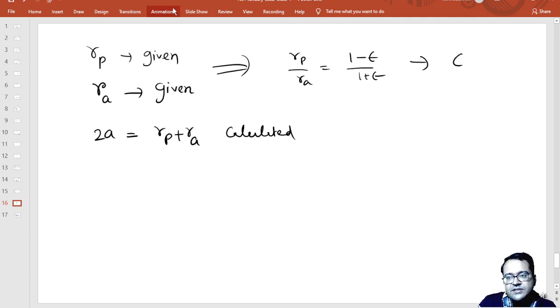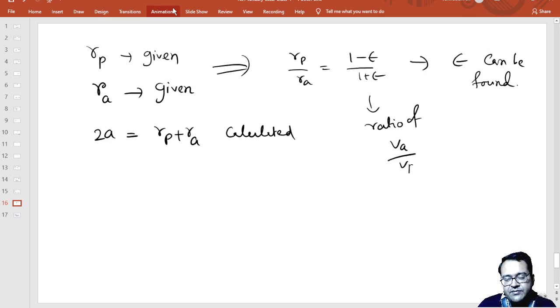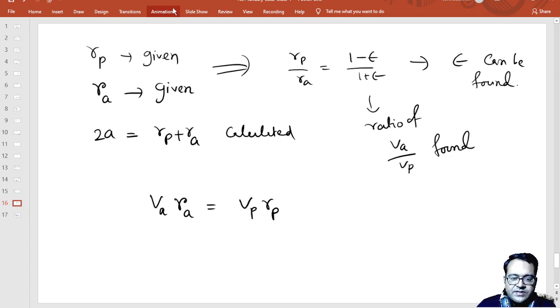Here you calculate e, and the ratio of v a, v p can be found, and this v a r a is v p r p. So with this, r a by r p is v p by v a. So with other data we proceed. So this is just a typical type.